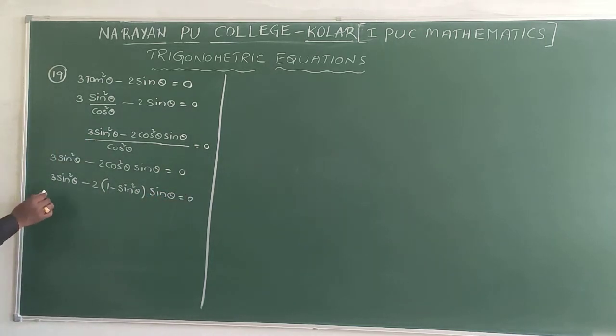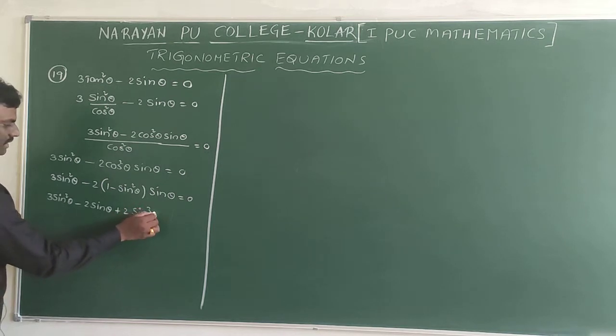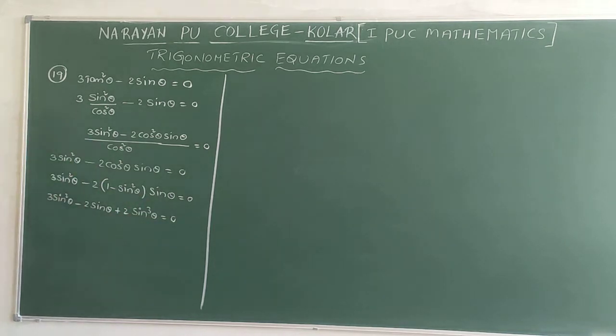Now from this what will we get? 3 sin square theta minus 2 sin theta, minus of minus plus 2 sin square into sin, that is sin cube theta. I will take sin theta common in this.